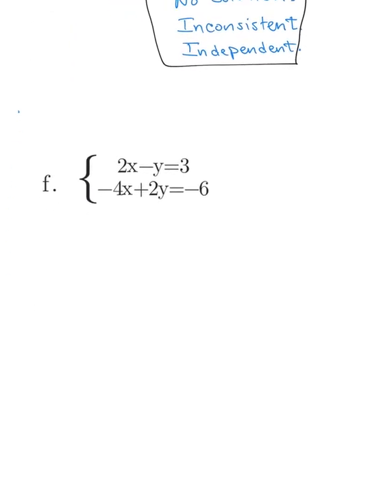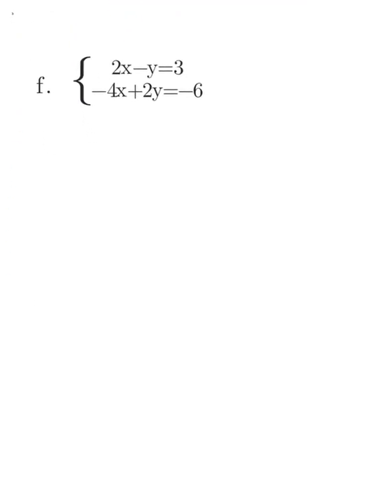Okay, so let's look at example F. Example F, we have 2x minus y equals 3, and we have negative 4x plus 2y equals negative 6. So to start off with, let's pick a variable to eliminate. It doesn't matter because everything's going to cancel anyway.